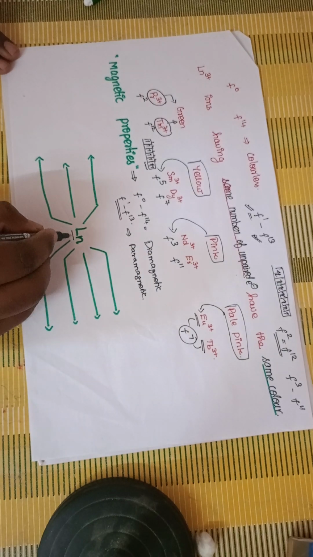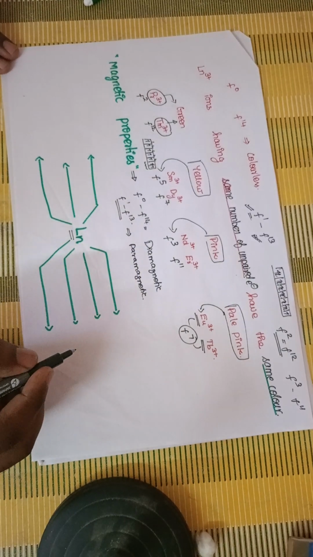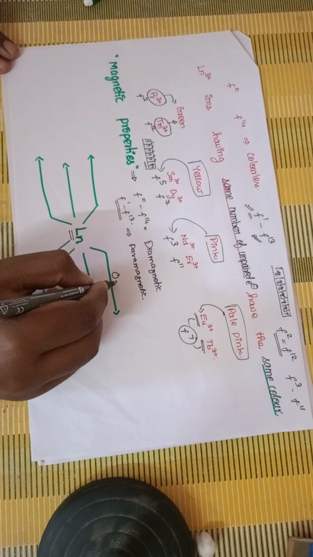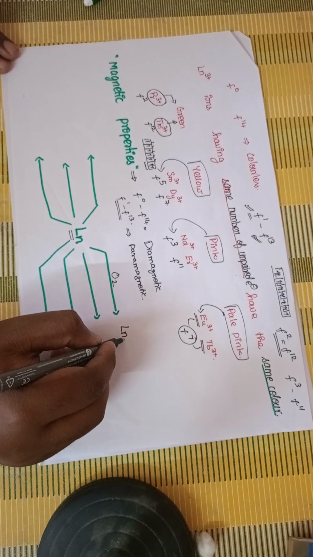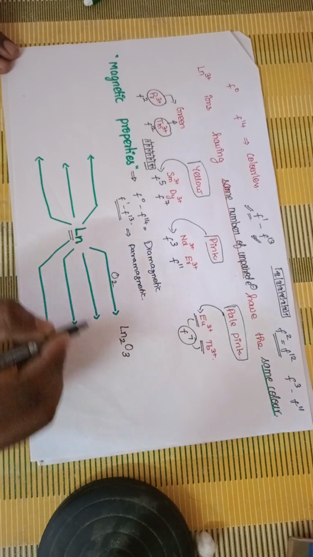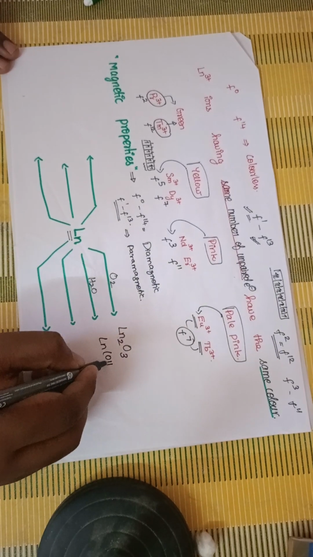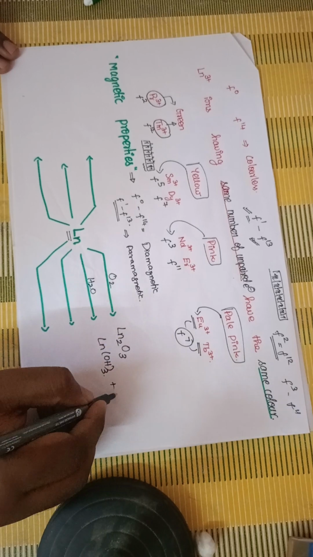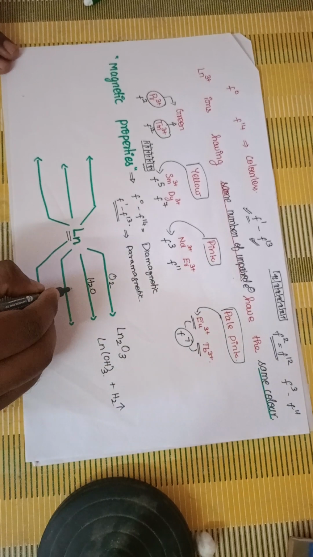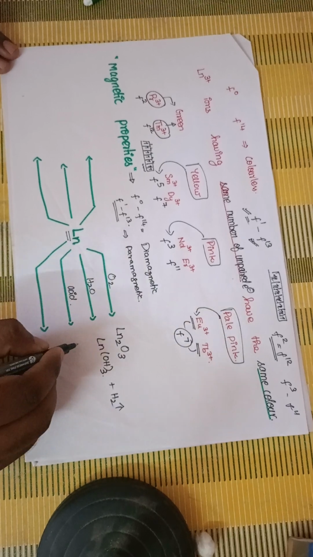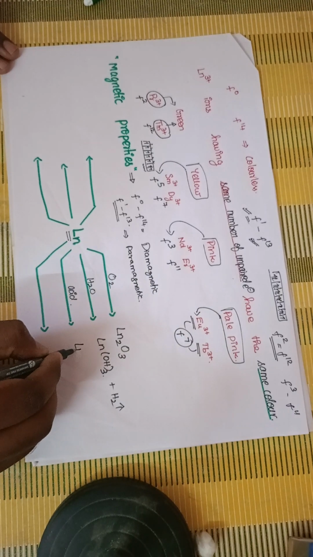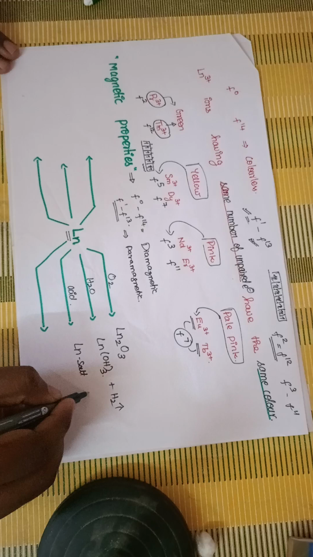Now, what are the different types of compounds we can form with lanthanides? With oxygen it will form Ln2O3, lanthanide oxide. With water, lanthanide hydroxide and hydrogen gas. With acid, lanthanide salt, depending on the acid, plus hydrogen gas.